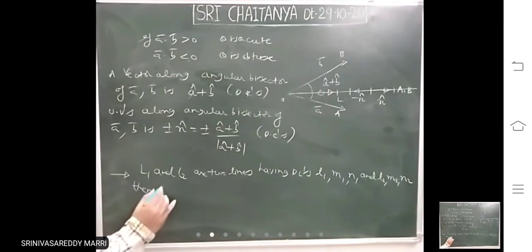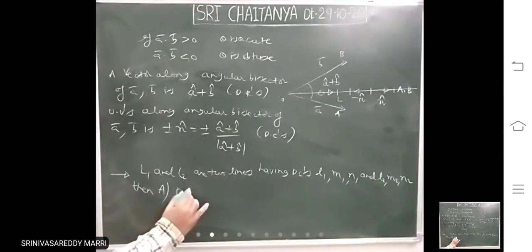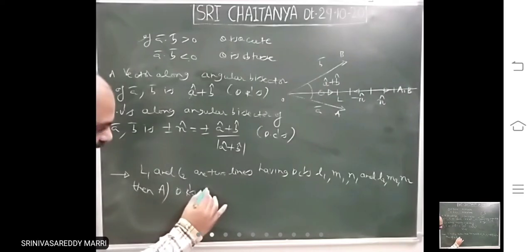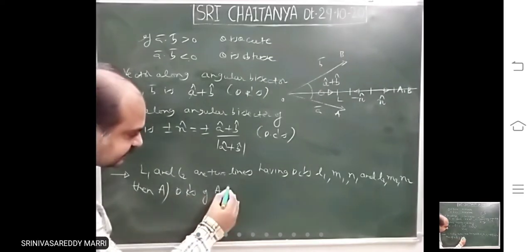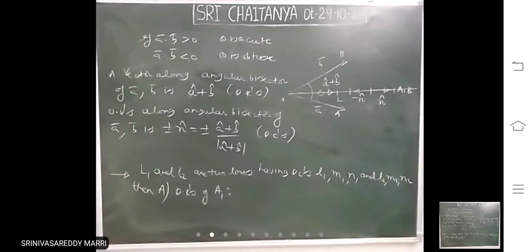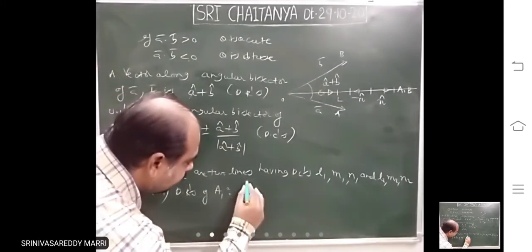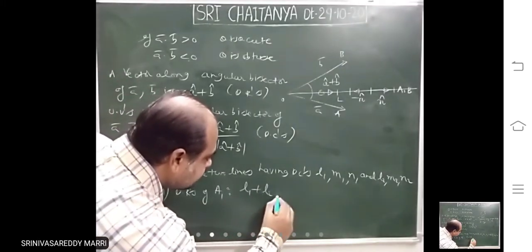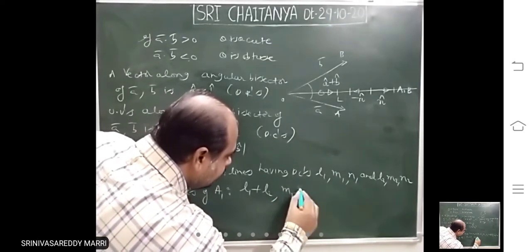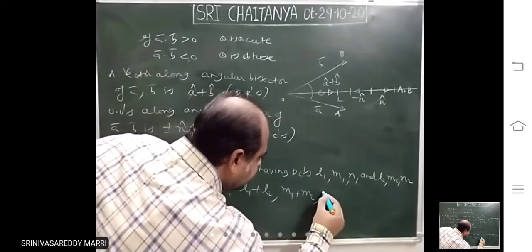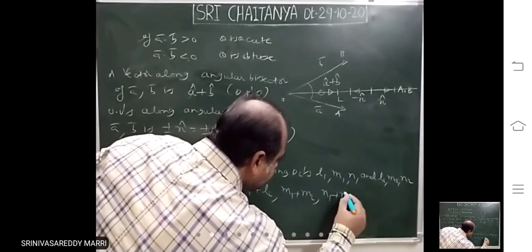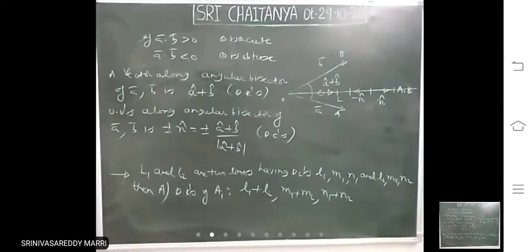Then first, the direction ratios of the two angular bisectors. DRs of angular bisector 1 are l1 plus l2, m1 plus m2, n1 plus n2.